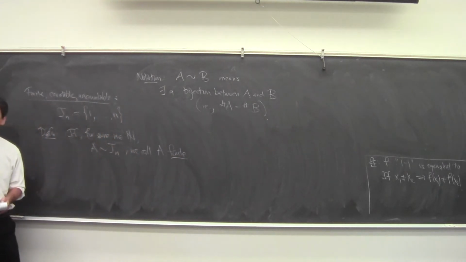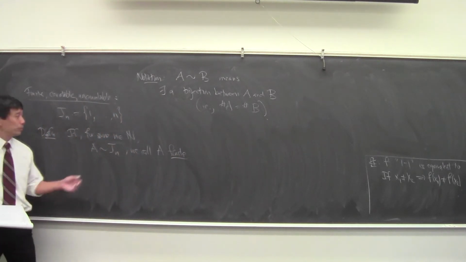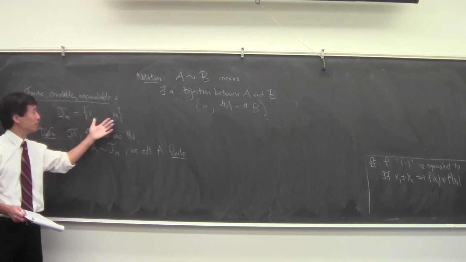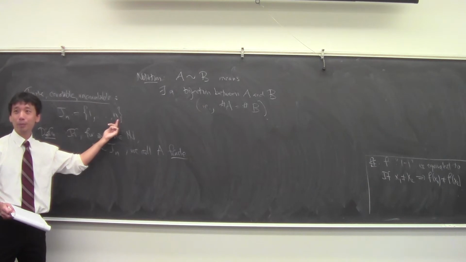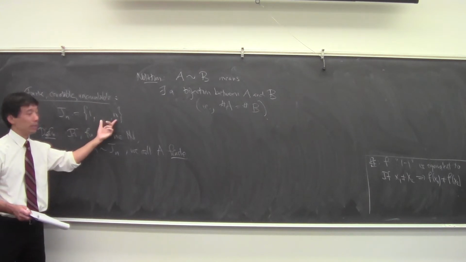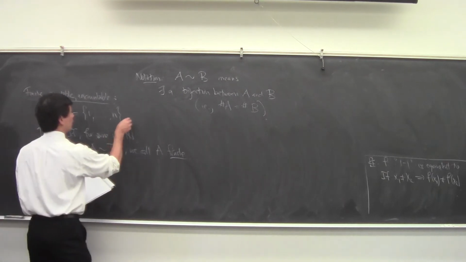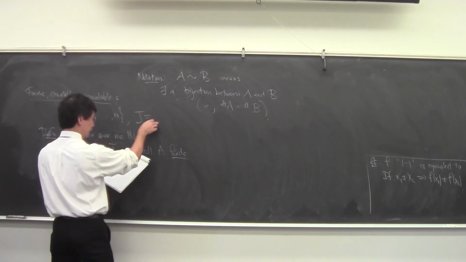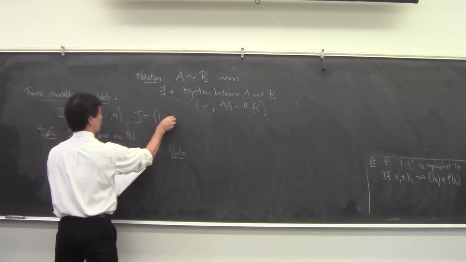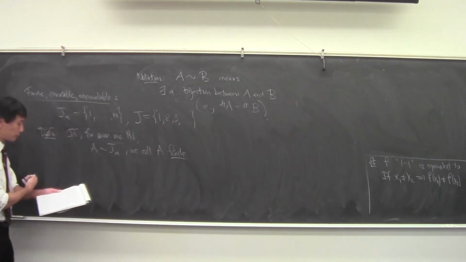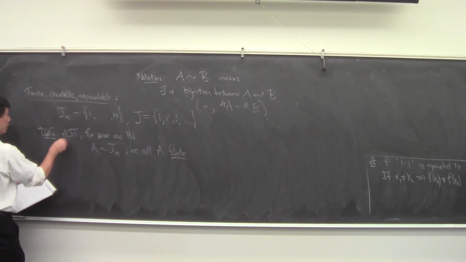So it's your usual notion of what finite means. There's going to be n elements in it, where n is some natural number. We let J denote the natural numbers: 1, 2, 3, and so on.